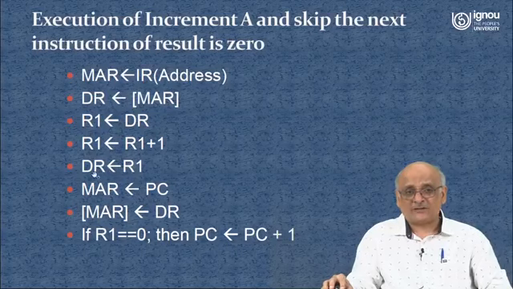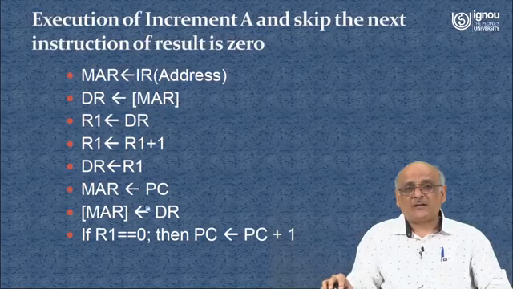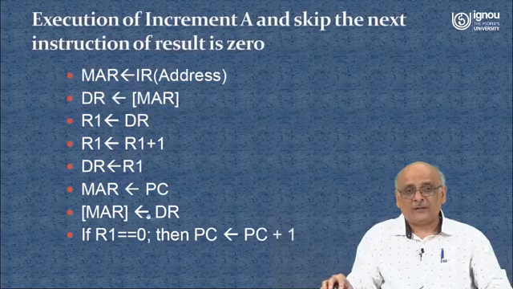In addition to this, MAR gets PC. MAR is given the value of PC, and that incremented value is stored back into A. Now this is writing. MAR gets the PC value. Now DR is written back to memory.